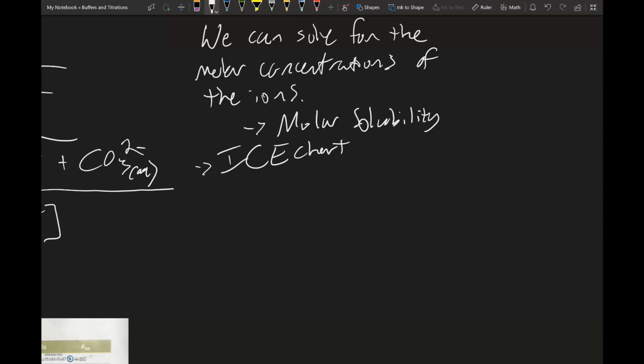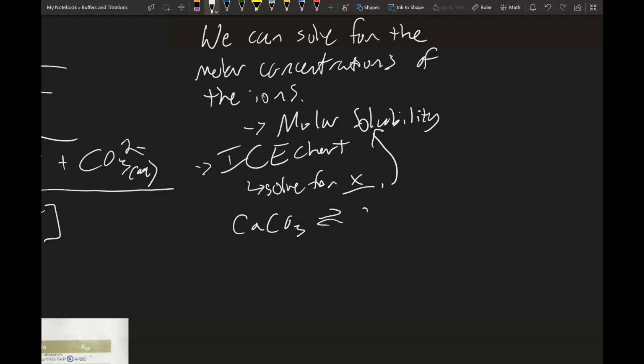That part doesn't change. What is new is just defining molar solubility. Molar solubility is the concentration of the ions. So we're going to use the ICE chart and solve for x. x represents the molar solubility.